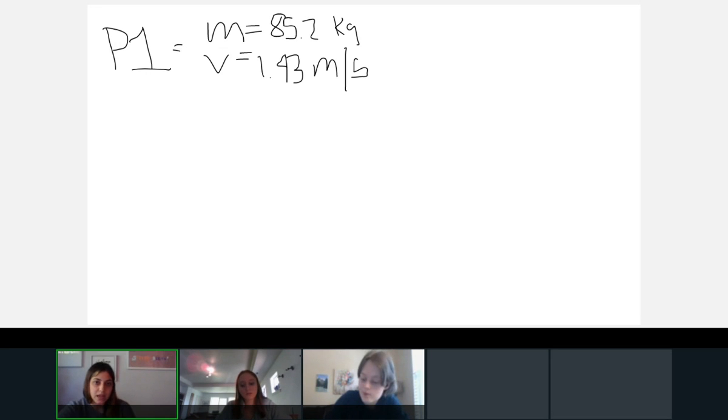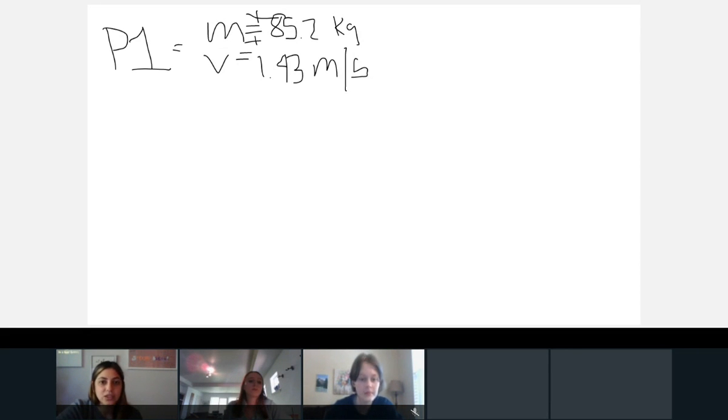Awesome. Now, they say that player one is going to the right. So one way that we are going to be showing direction is by adding that positive sign. So this is going to be positive because it's going to the right. So we are choosing that to the right is going to be the positive direction. Does that make sense?